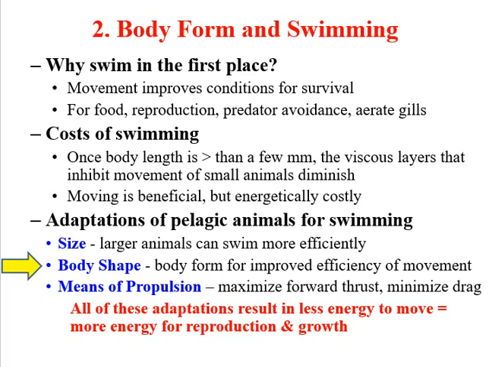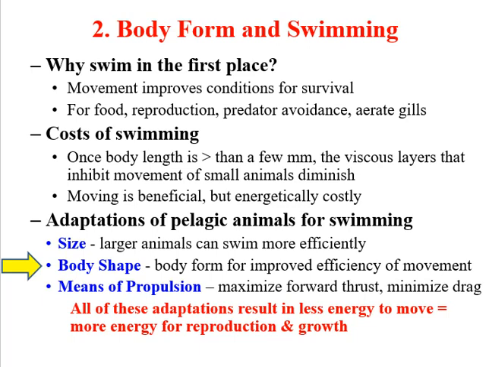Well, first of all, you have more access to food. You have more access to mates for reproduction. You have the ability to get away from predators, and you can aerate your gills, these ram ventilators that we looked at when we were looking at fish respiratory systems. Well, swimming, muscle contraction, is a very expensive thing to do. It's one of the most expensive.